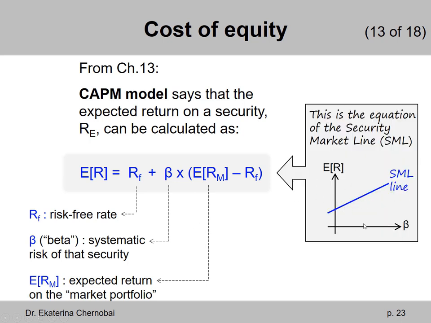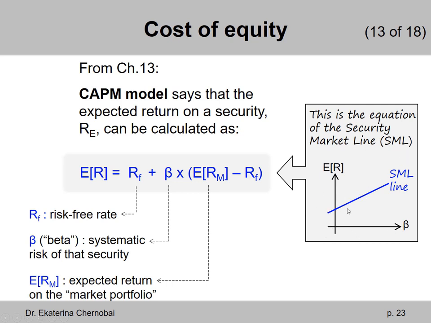So again, just to remind you what that CAPM model was about, it was about the relationship between risk, or systematic risk, and return for any financial security. Essentially, high risk, high return. The higher the risk, the higher the return.